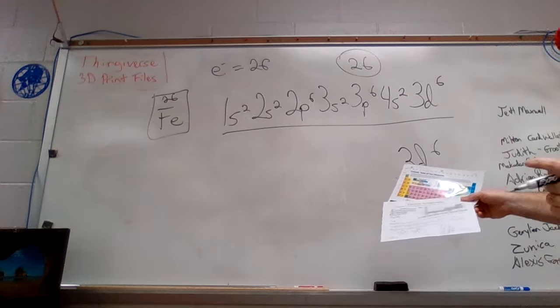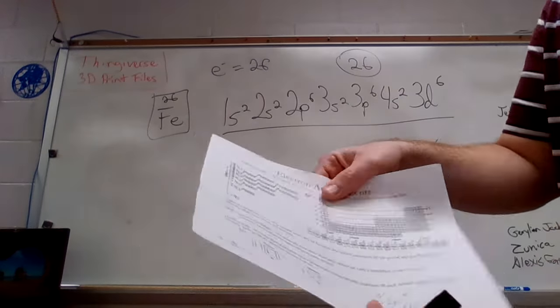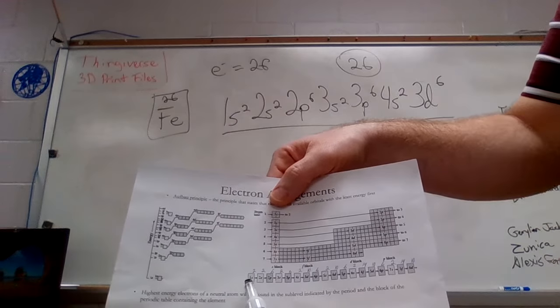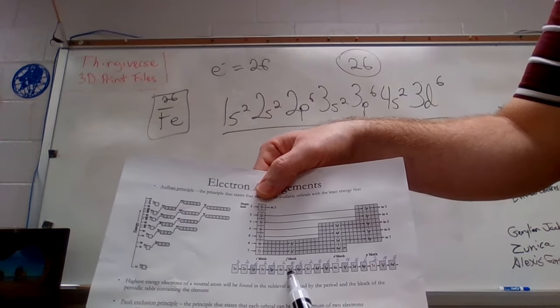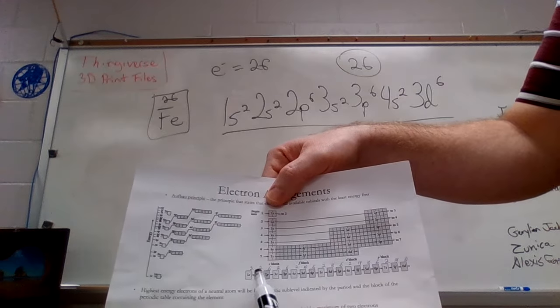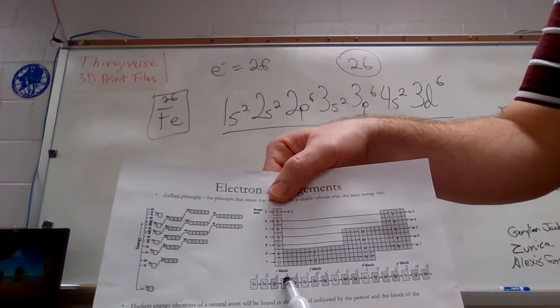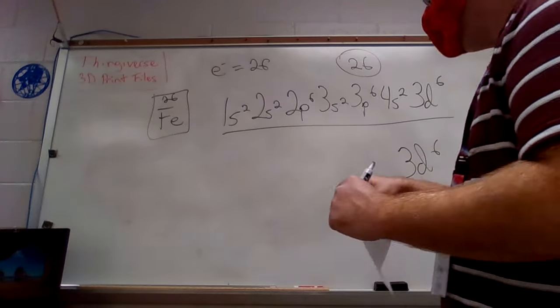That's what I'm looking for. If you can figure out the last thing you need to write, again, you just take this roadmap here and go all the way down it until you get to 3d and you have your 6th element. And so I would just rewrite all this: 1s2, 2s2, 2p6, 3s2, 3p6, 4s2, 3d to the 6th.